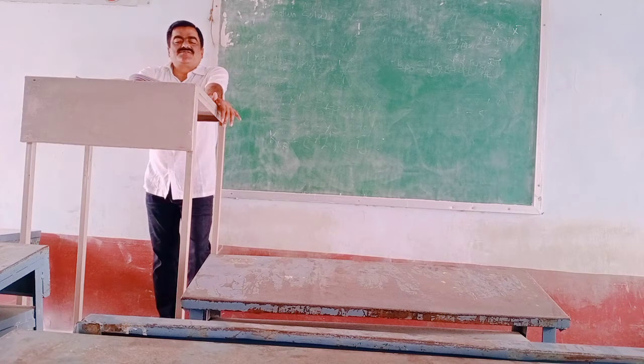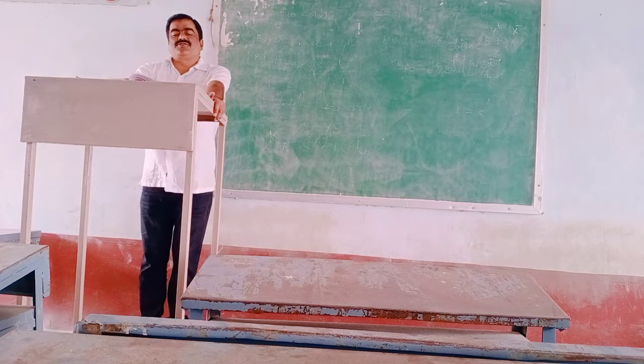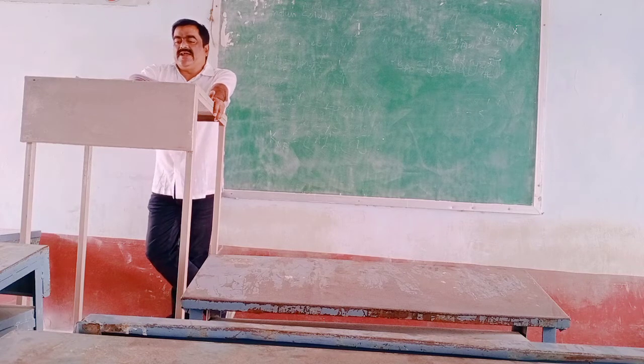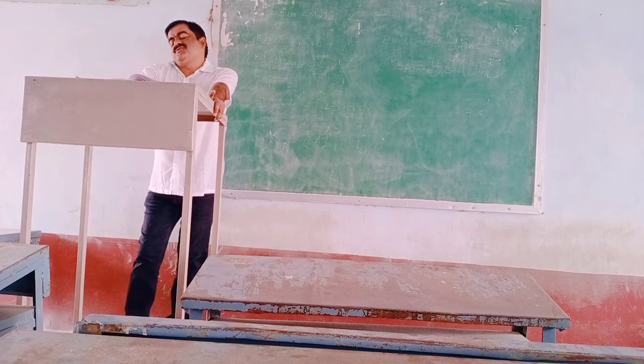The only difference is that the ionic product expression contains the concentration of ions under any condition, whereas the expression of Ksp contains only the equilibrium concentration.